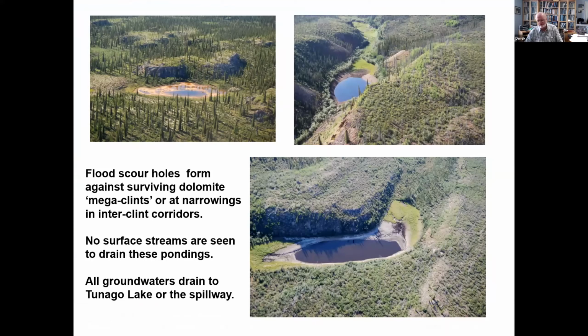In flood, water piles up behind the boulder and scours a deep depression there. That's exactly what has happened in each of these cases here. Every one of them is functioning karstically. They're all draining down through a thin veneer of glacial sediments into the dolomite underneath and draining to the spillway or to Tunago Lake. Next, please.